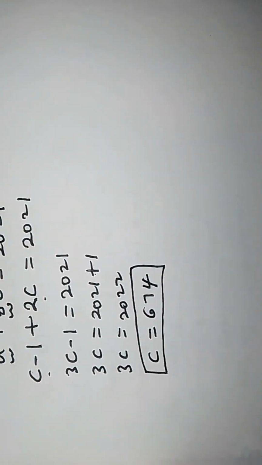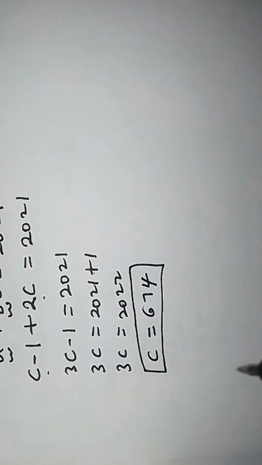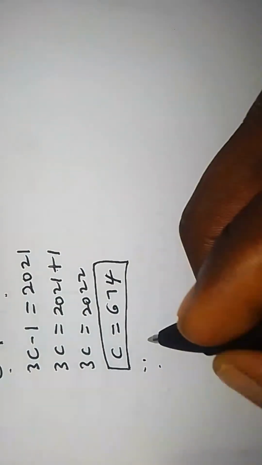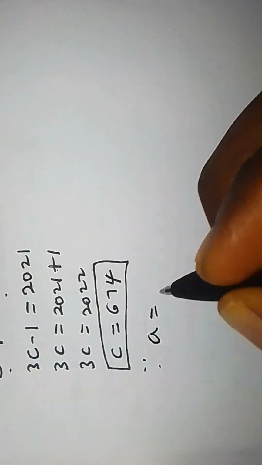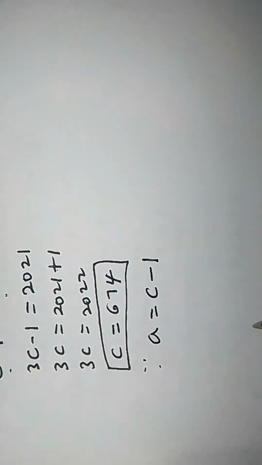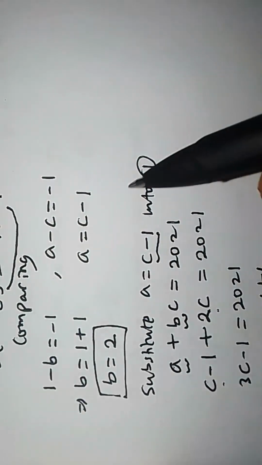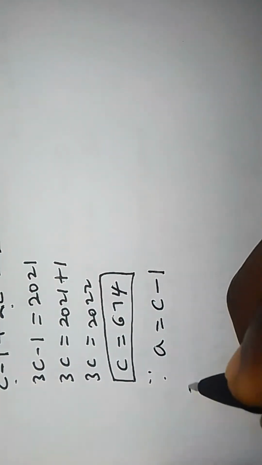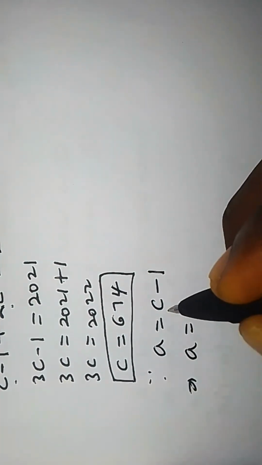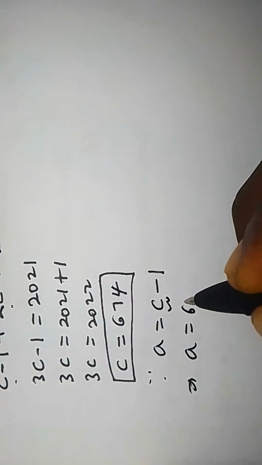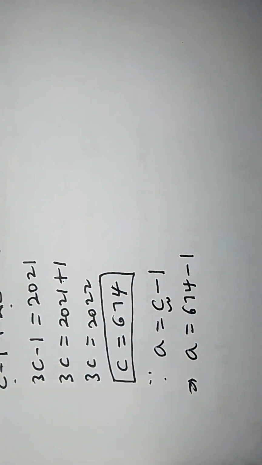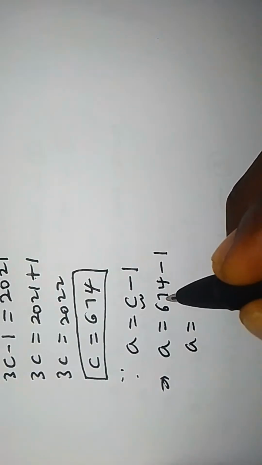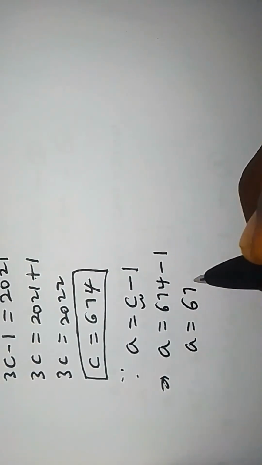What is left now is to find the value of A, since A is equal to C minus 1. It's from this line, A equals C minus 1. This means that A is equal to, what is C? C is 674. 674 minus 1, that is 673.